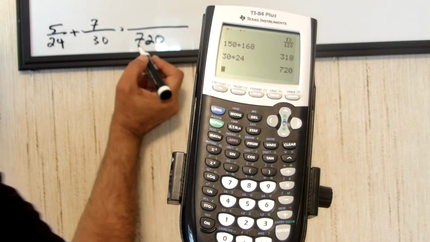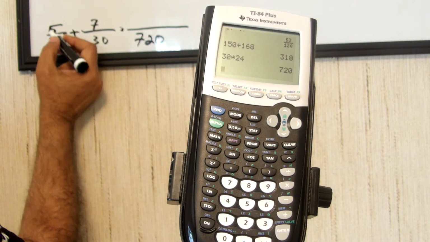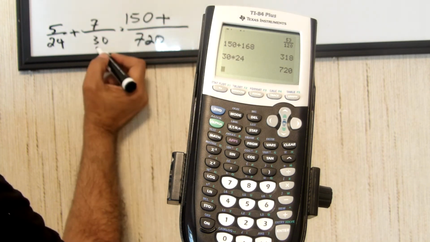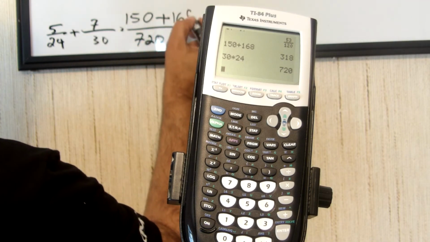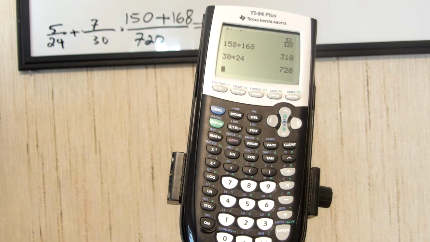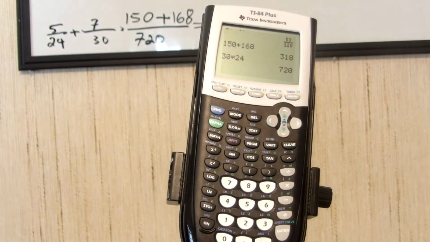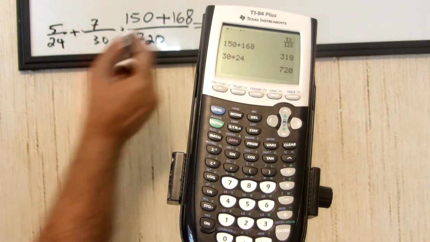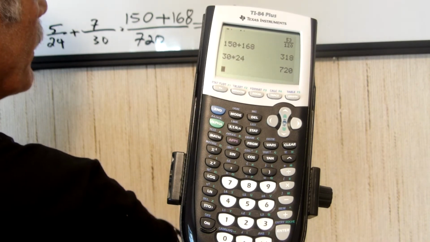And then what you do is divide 720 by 24, it's going to be 30. 30 times 5 is going to be 150, plus 720 divided by 30 is going to be 24, times 7 is going to be 168. So the answer is going to be 318 over 720.